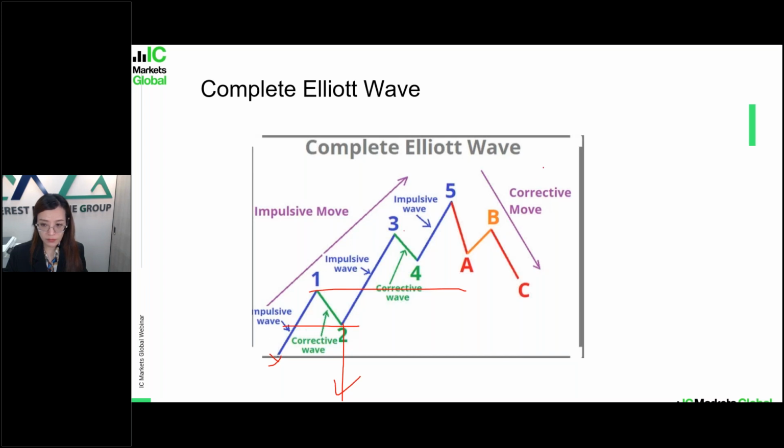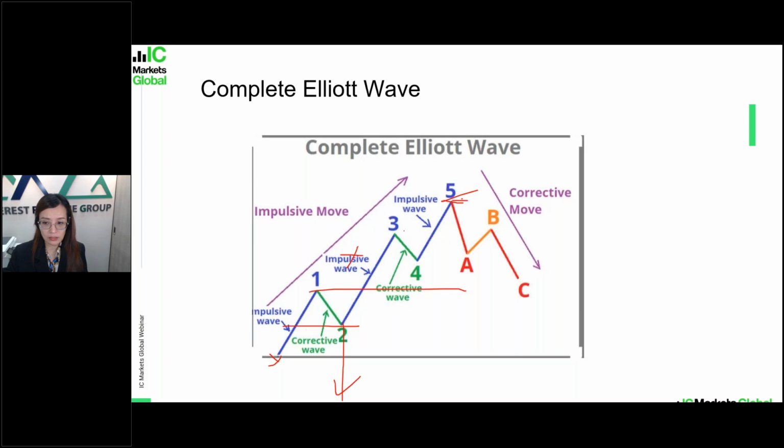After they finish wave 5, you can use Fibonacci to project your TP, for example, your target. Let's say you trade wave 1, wave 3, and wave 5, and then you see that it will be ending with wave 4, and then you can use Fibonacci projection, where you draw from wave 1 plus wave 3, you will get the wave 5 distance.